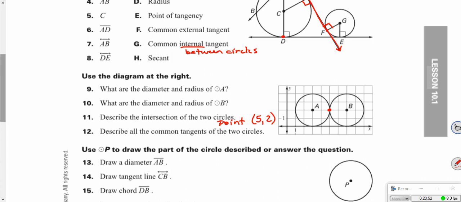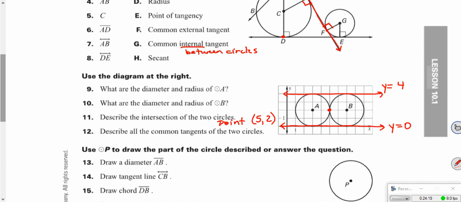Now, describe all the common tangents of the two circles. Now, this is the case where two circles intersect at one point. I would have a common tangent up here. That would be the horizontal line y equals 4. I would have a common tangent down here. That would be the line y equals 0.